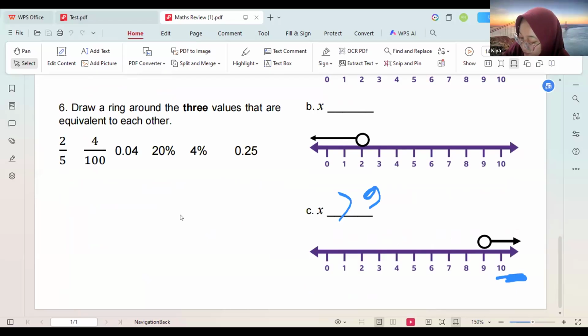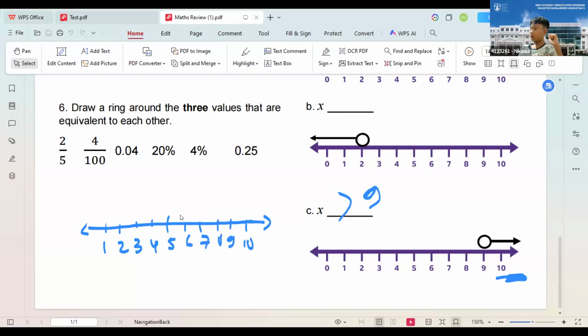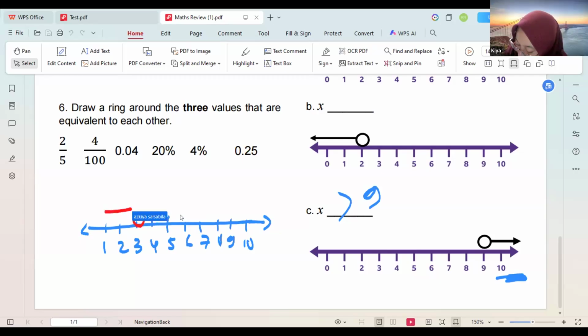So how about this? If I have this 1, 2, 3, 4, 5, 6, 7, 8, 9, 10, and then my ray is on here, what is the inequality?